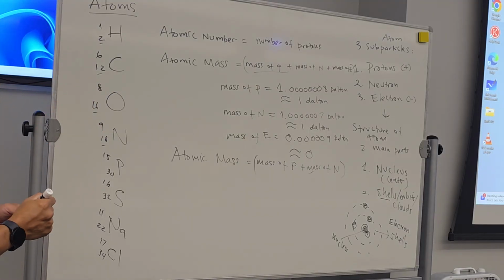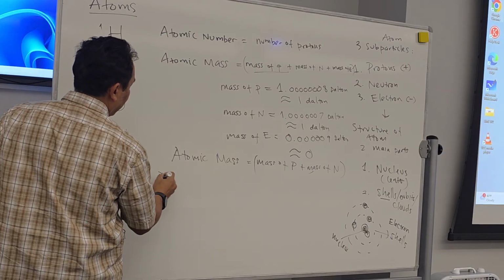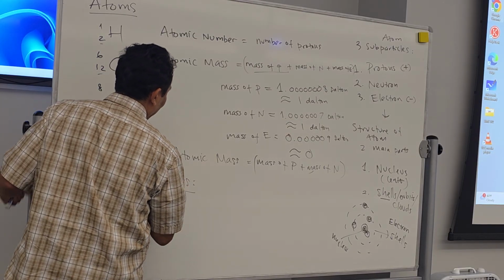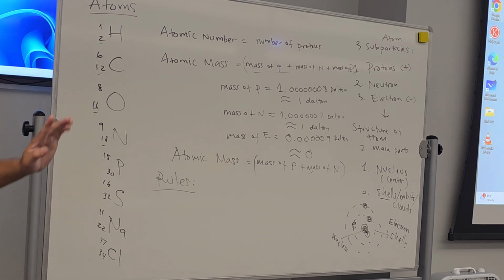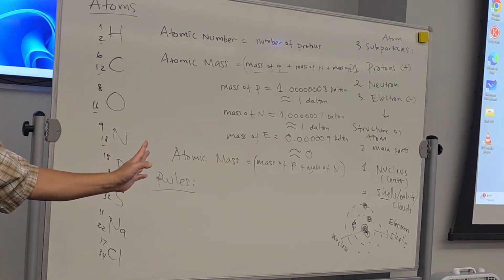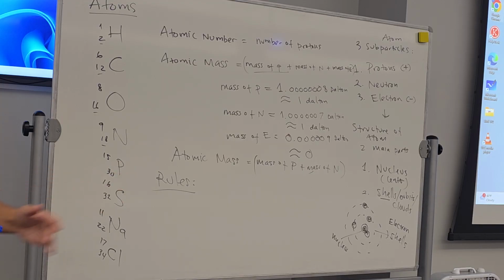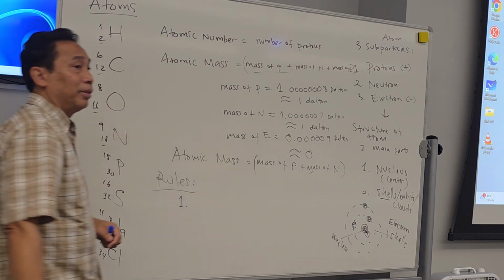Okay, now, in an atom, we can say there is a rule. We can put rules over here to help you understand the structure of atoms easily. Get it? This is the first rule.